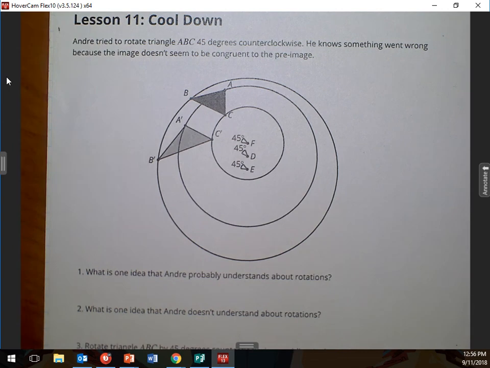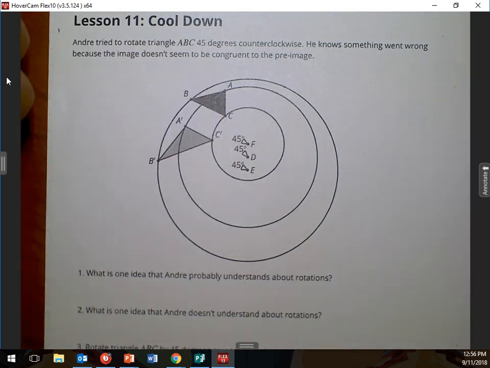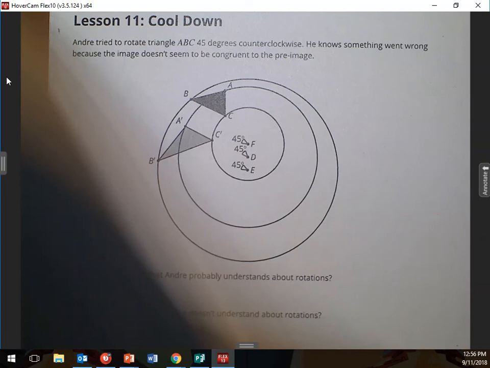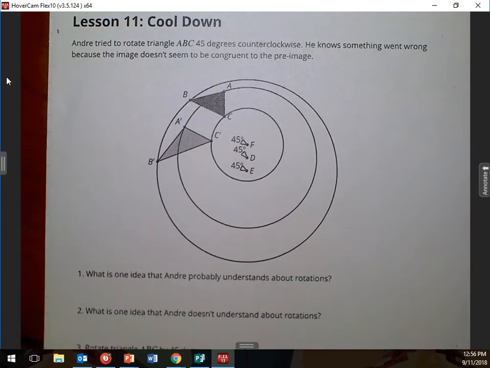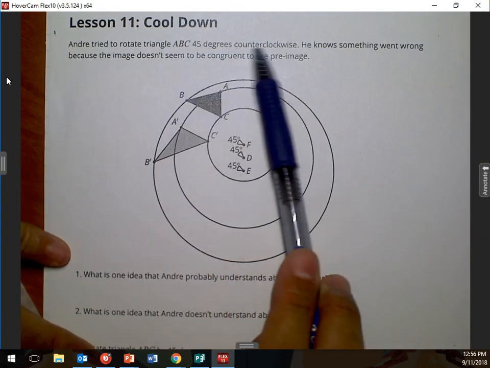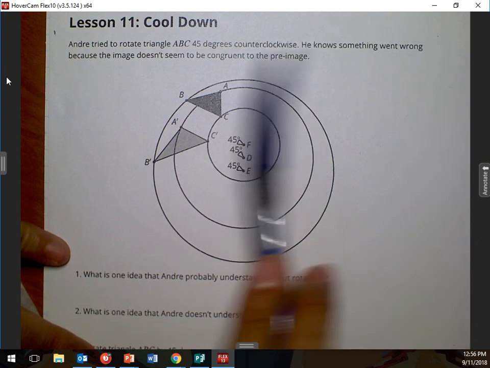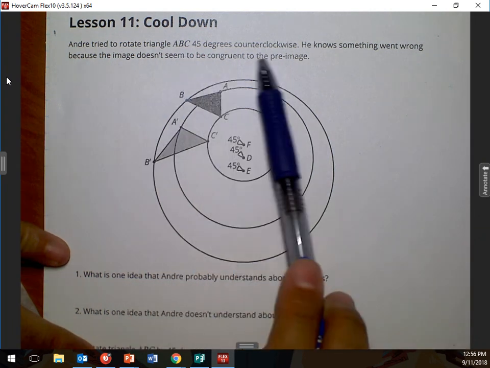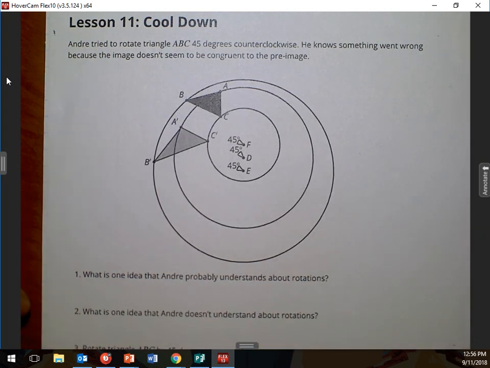Okay, I want you guys to have your patty paper, and I showed you guys how to do this. It says right here, try to rotate it 45 degrees counterclockwise. You guys are going to answer these right here.